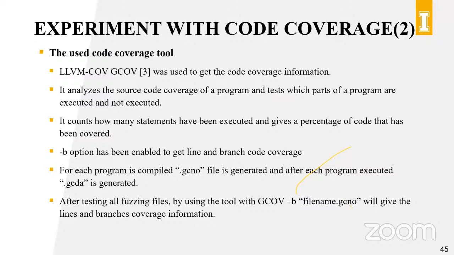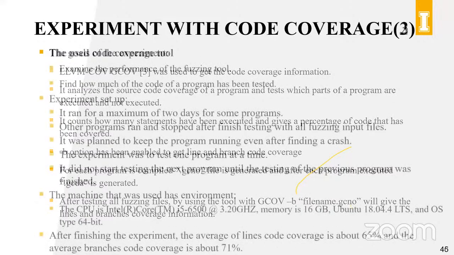We use -b as an option to get the branch coverage along with the line coverage. After that, the .gcno and .gcda files will be generated, which have the code coverage information after testing all fuzzing files, giving the line and branch coverage information.